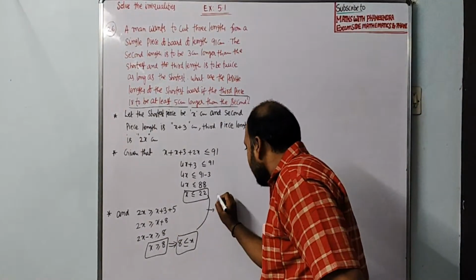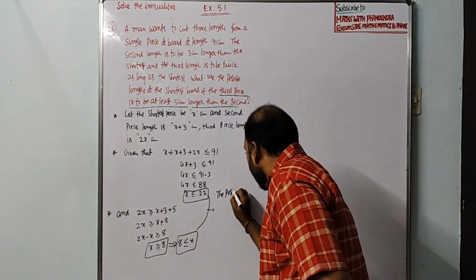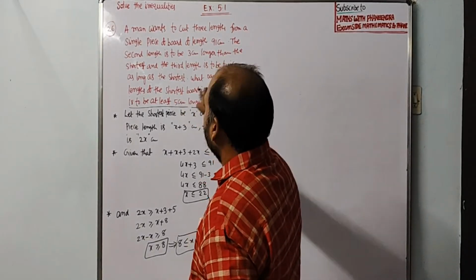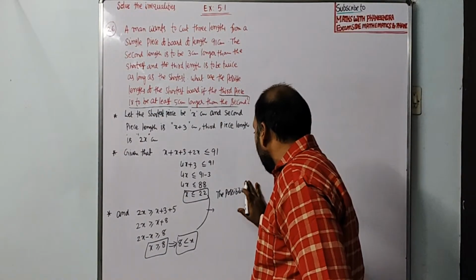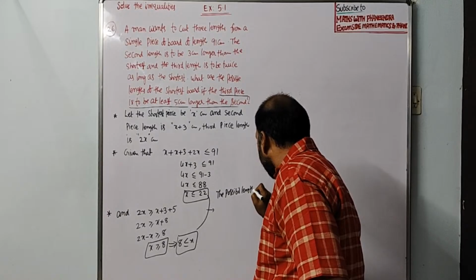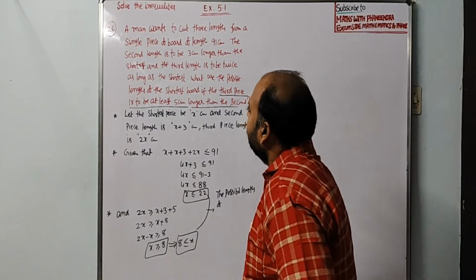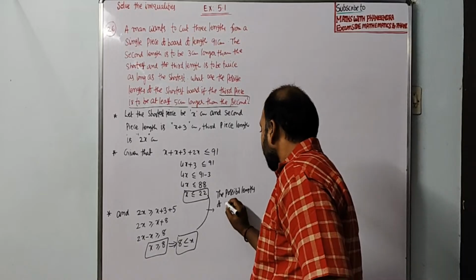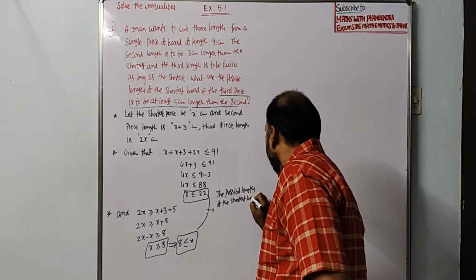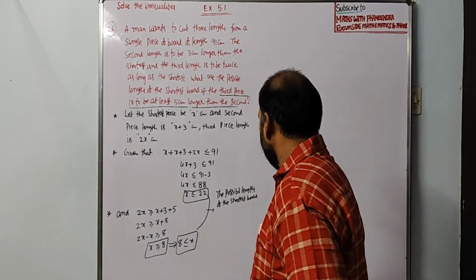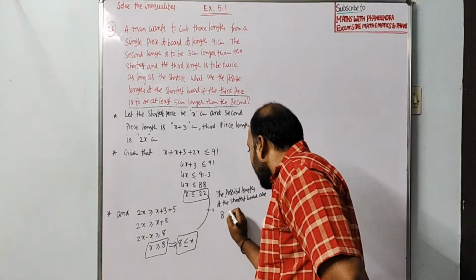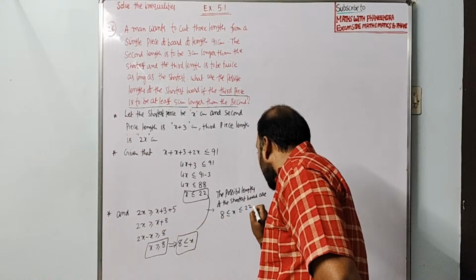The possible lengths of the shortest board are 8 is less than or equal to x is less than or equal to 22.